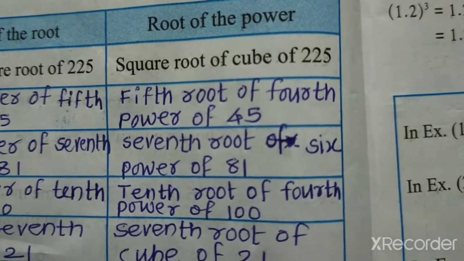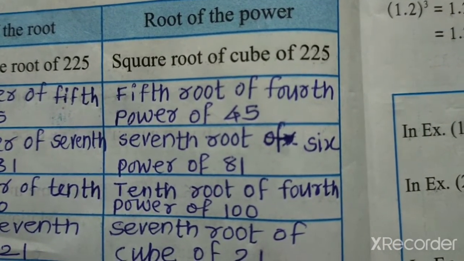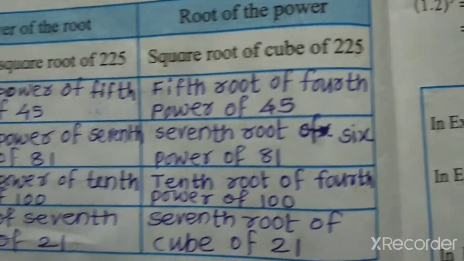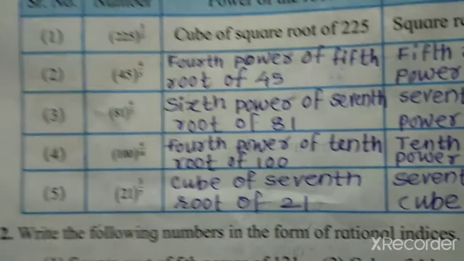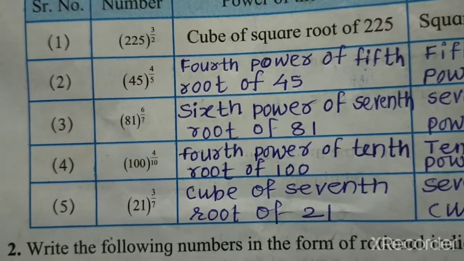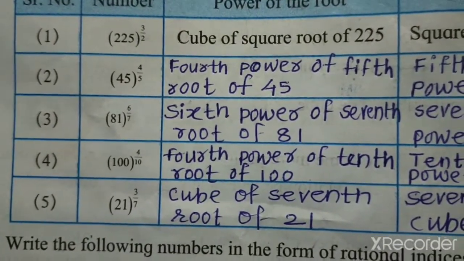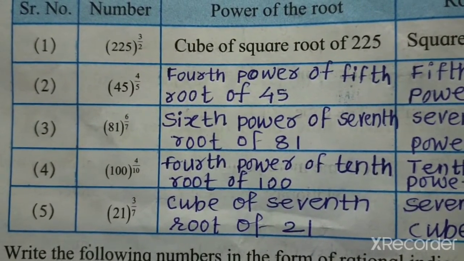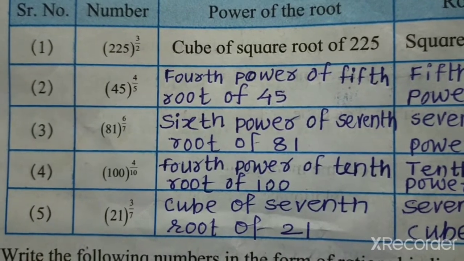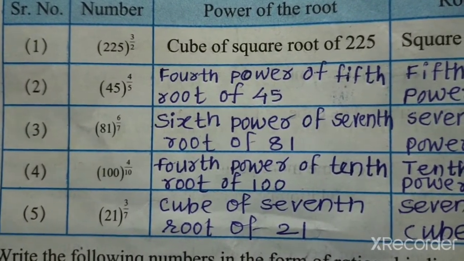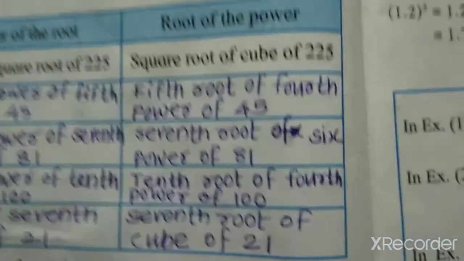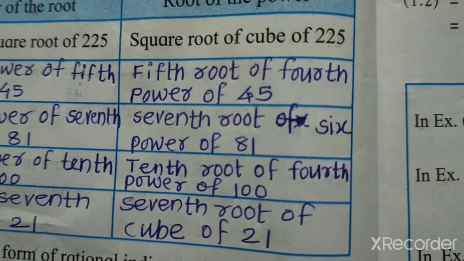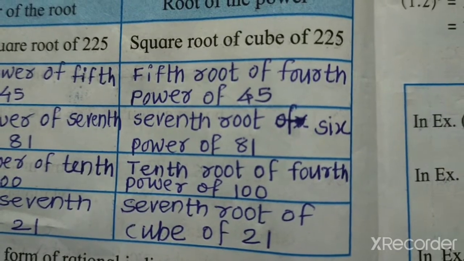Okay, there you have to put th. 6 is given there, so put the th. 6th power of 81. Now the fourth one here, 100 raised to power 4 upon 10. So how to read there? 4th power of 10th root of 100. Now in the root of the power, 10th root of 4th power of 100.